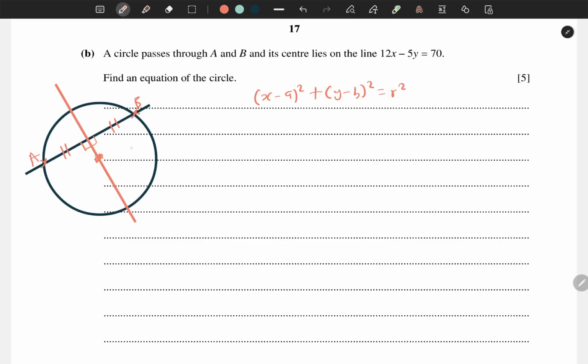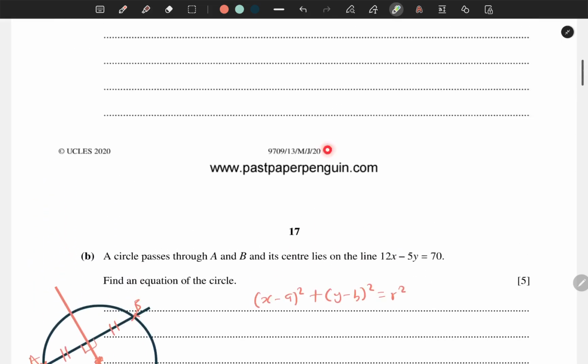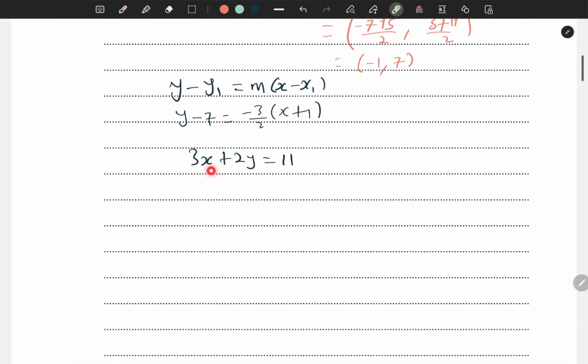Looking at this, the center lies on this line. Let's maintain the line we obtained from this place, 3x plus 2y equals 11.